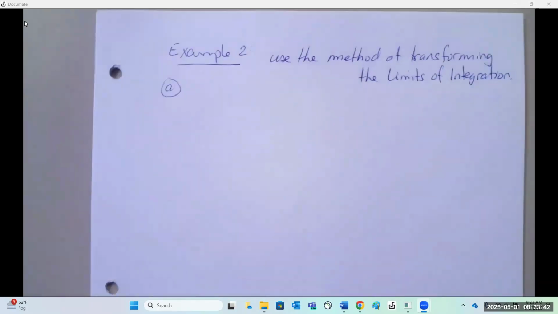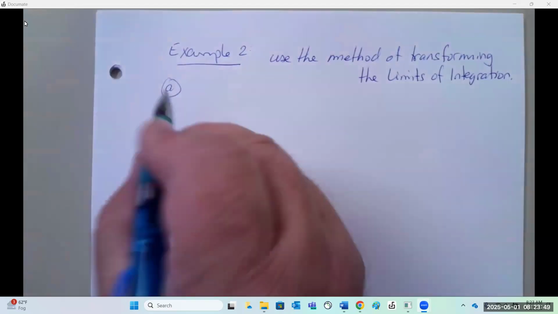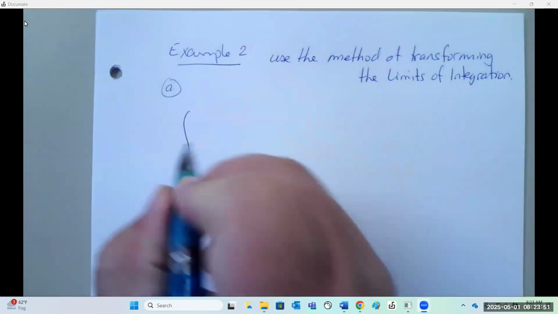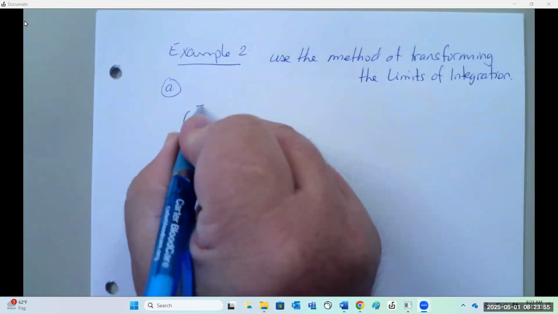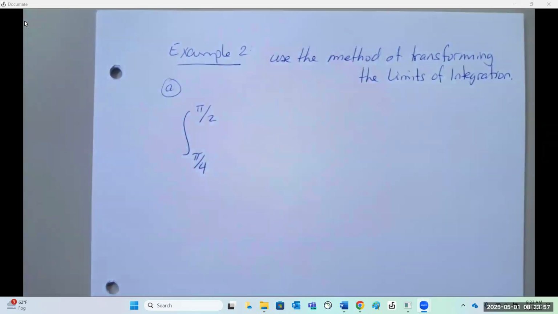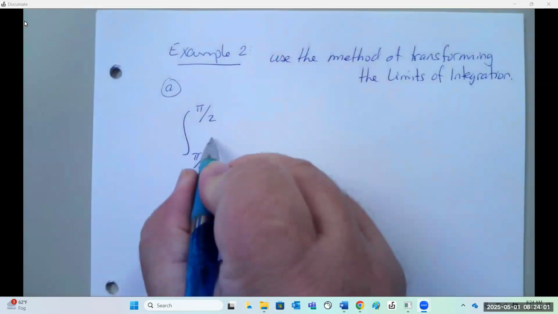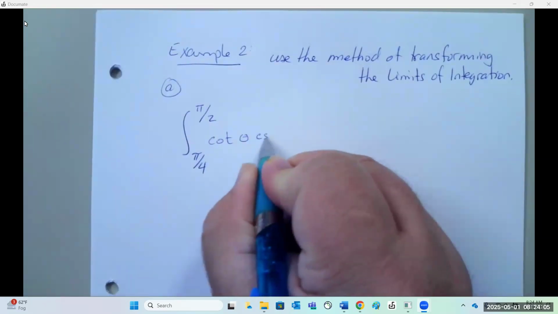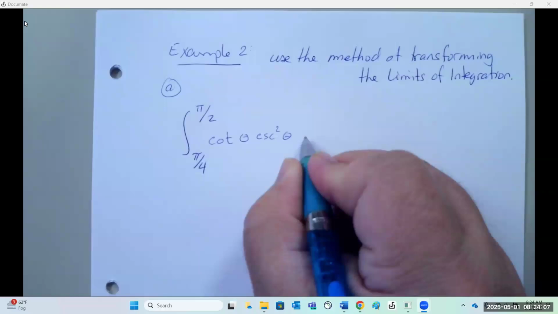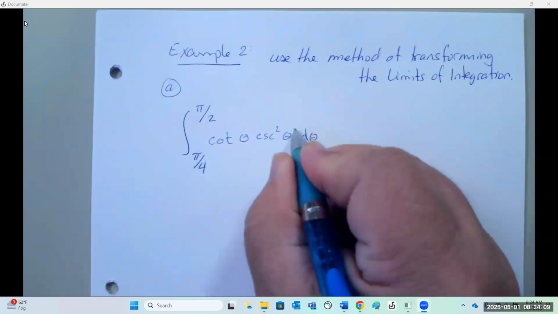That's using the substitution method and changing the bounds a and b. So our closed interval is pi over 4 to pi over 2 of cotangent theta cosecant squared theta d theta.